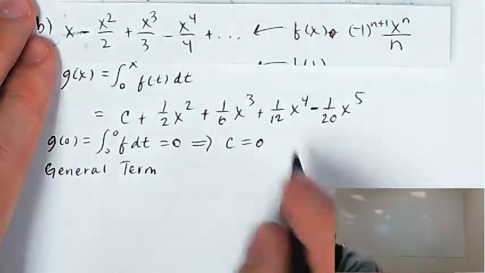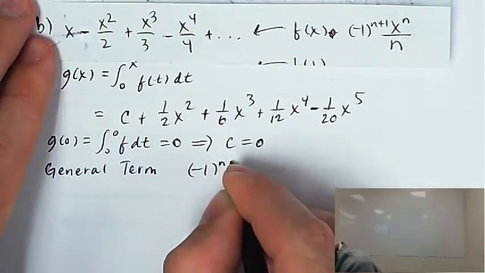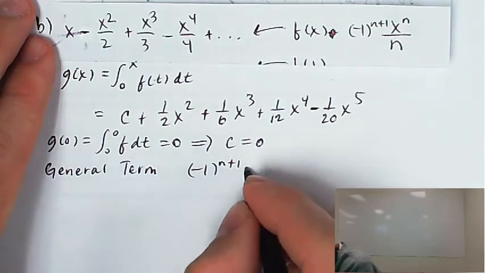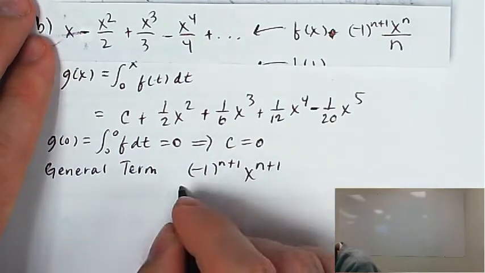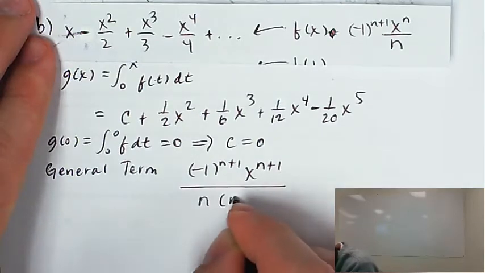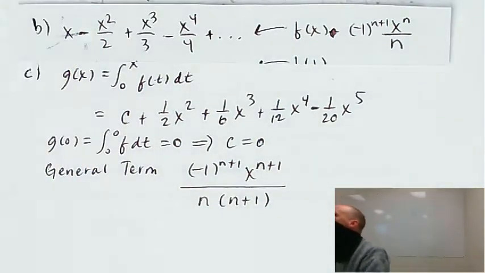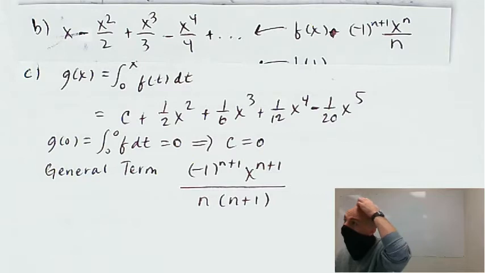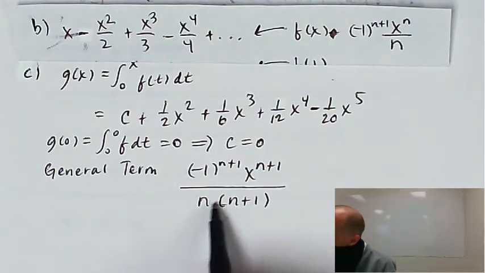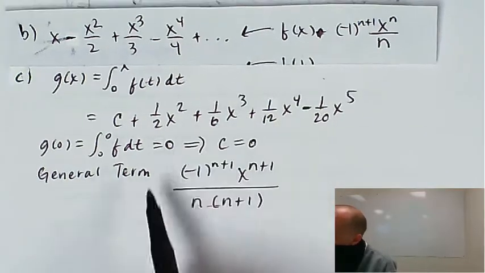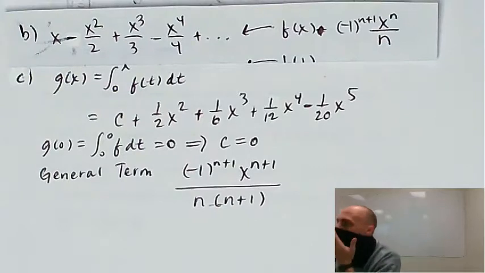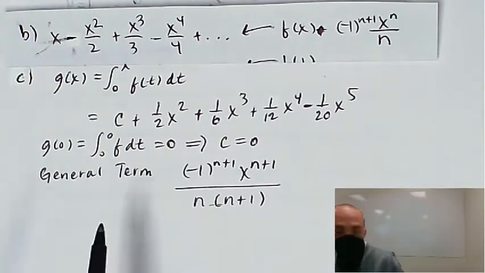So it's going to be -1 to the n plus 1, x to the n plus 1, increase the power by 1, divide by the new power. Or you could look at it: 4 times 5, 3 times 4, 3 times 2, 2 times 1. That's where those numbers are coming from. All right. That's the general term.